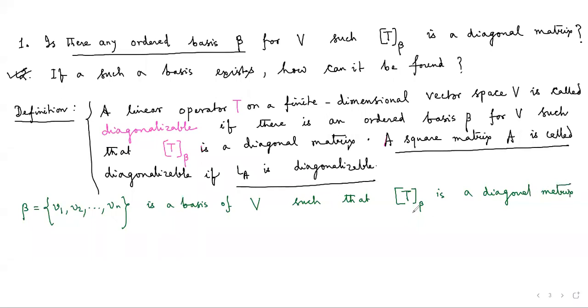Then for any of these vectors, we in general represent this vector by Vj.